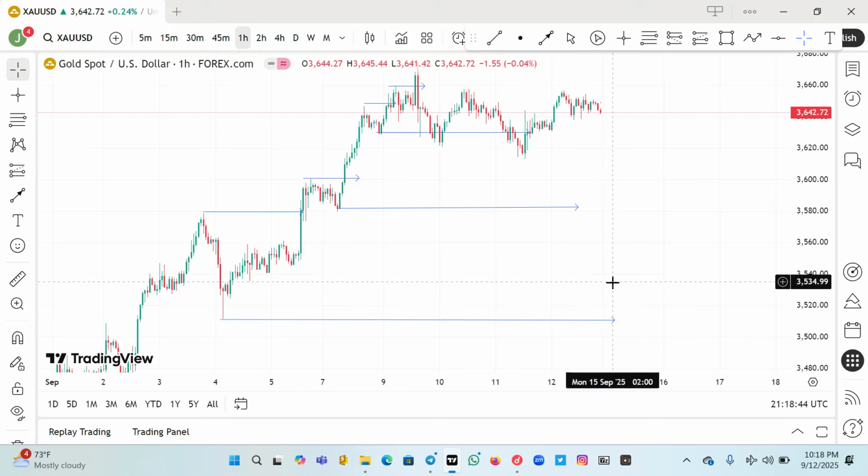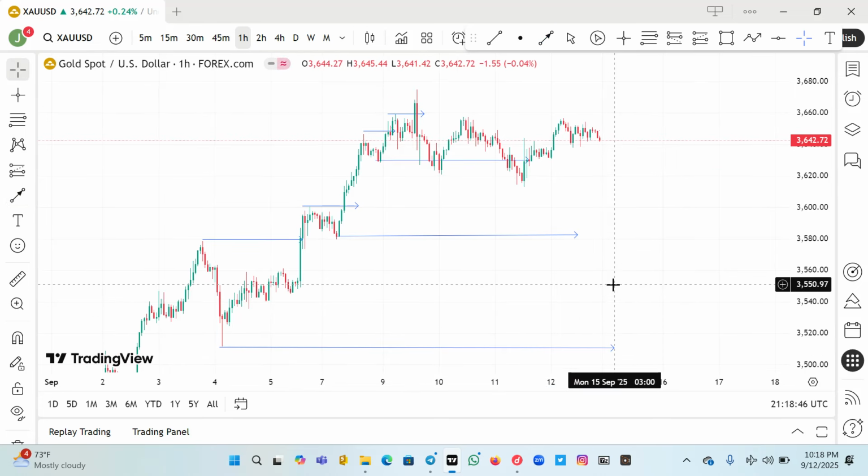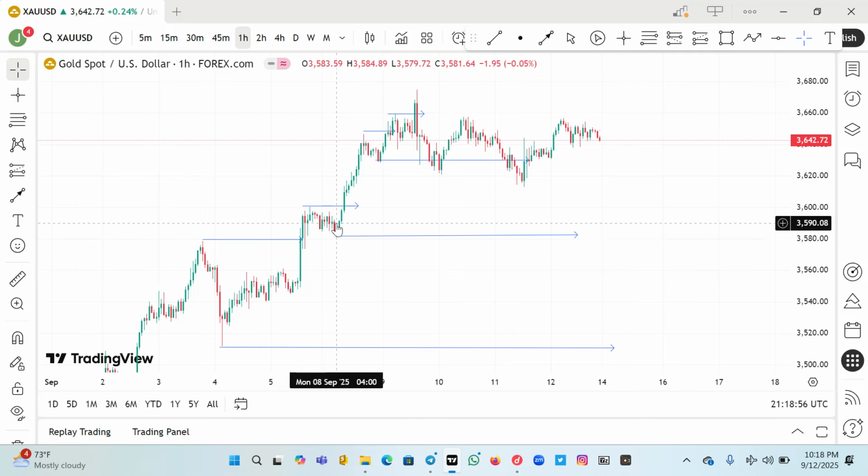But first, the most important thing is I want to know the direction of this market. Since I have discovered that the direction of this market on XAUUSD is an uptrend, I will be looking for opportunities to buy at any of these points here, at the higher low of the break of structure. So this is what I will be looking out for.